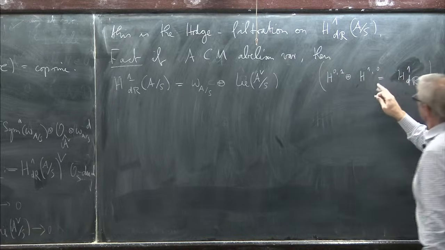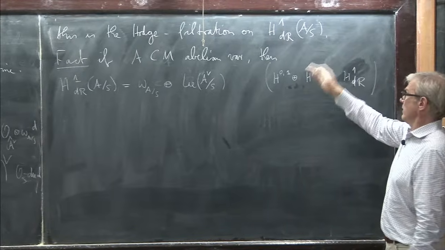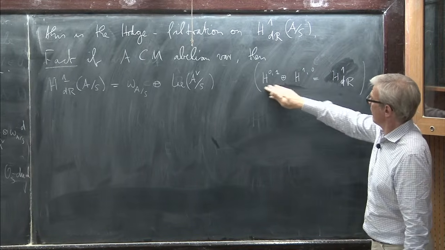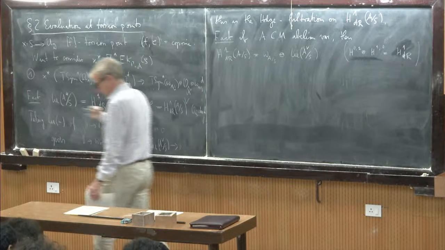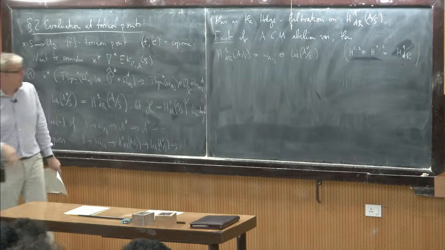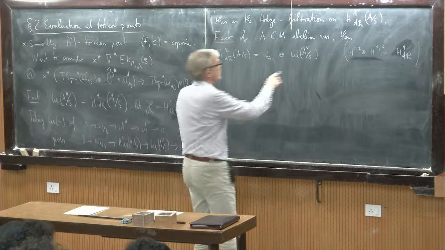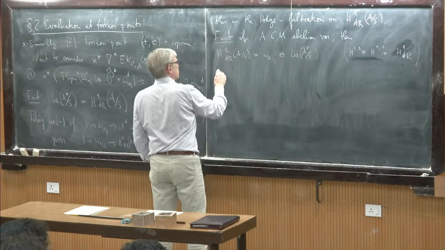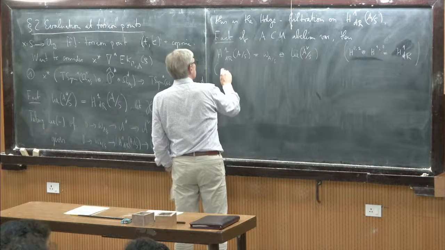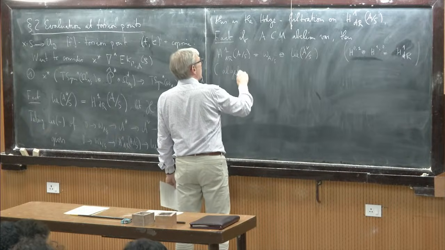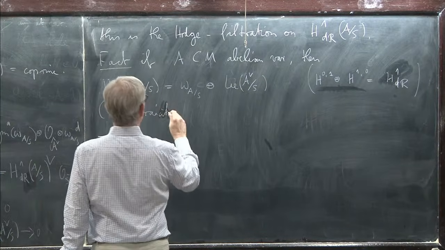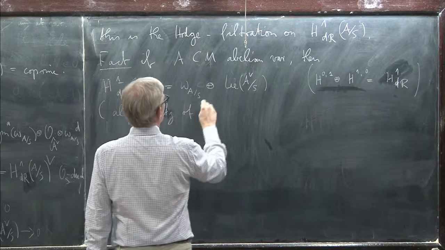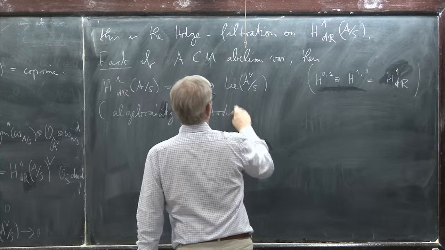In general, this is never an algebraic splitting which you get. This depends on analysis, on the theory of harmonic forms, but here it is possible to have an algebraic splitting. So this is the algebraicity of the Hodge decomposition.